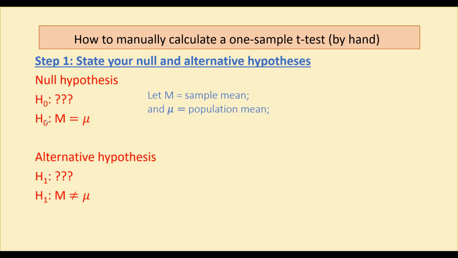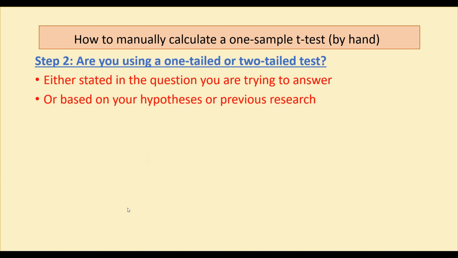So most likely your null hypothesis is going to state H0: the sample mean equals the population mean, suggesting there's no difference between the two means. The alternative hypothesis, on the other hand, is going to suggest H1: that the mean for your sample is not equal to the mean of the population. It's good to state this quite clearly, so that when you have the results you can state whether the null hypothesis can or cannot be rejected. Usually a very good step to begin with.